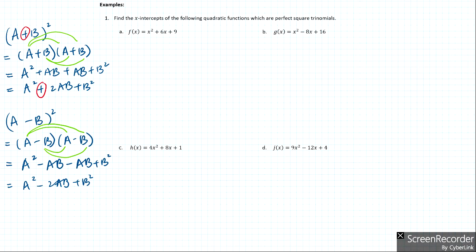Similarly, if you had a minus sign in the factored form, the trinomial should also have a minus sign connecting the linear terms. Now let's see how each example resembles that form and how to recognize a perfect square trinomial.